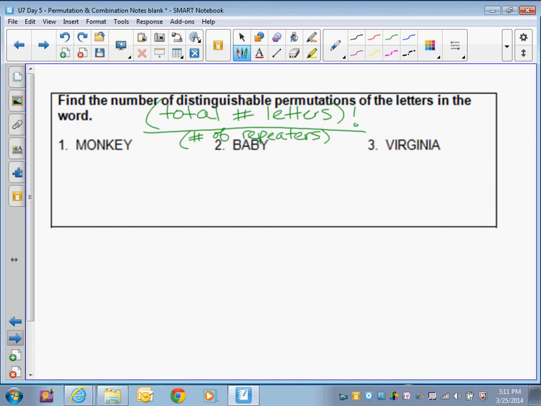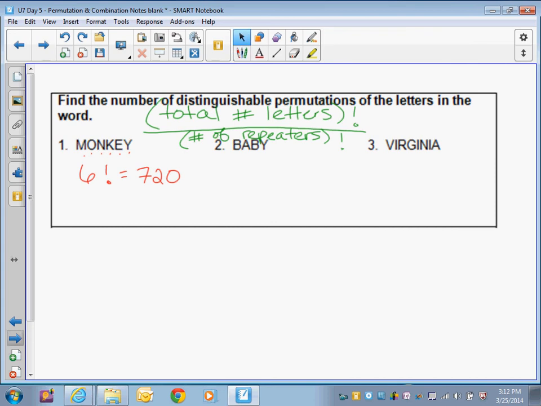And then factorial of that. So in this first problem we have 1, 2, 3, 4, 5, 6 letters. So 6 factorial over the number of repeaters. Well, we don't have any repeaters. There are no letters that I see there twice. So 6 factorial is 720.